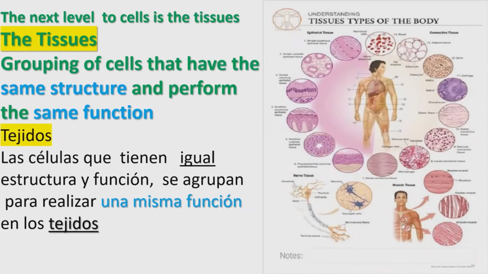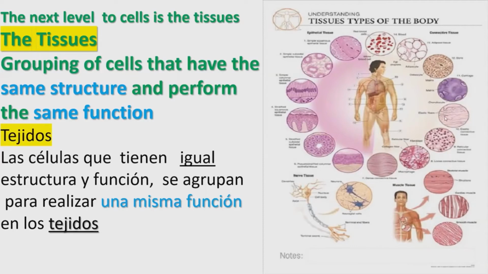The next level after cells is the tissues. As I said, tissues are groupings of cells that have the same structure and perform the same function. You can see the different tissue types of the body.